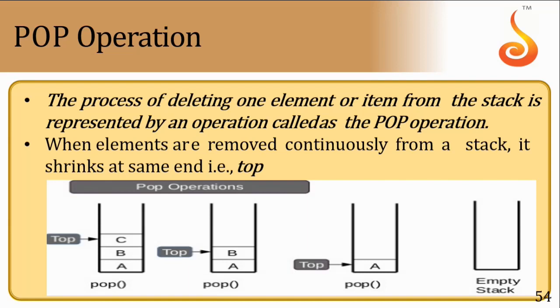If it is not true, that is, if there is still space in your stack, you can push in an element. So for push, you check overflow; for pop, you check underflow. How do you check it? If top is -1, then there are no elements in the stack and it is underflow. Getting it? Please go through this.